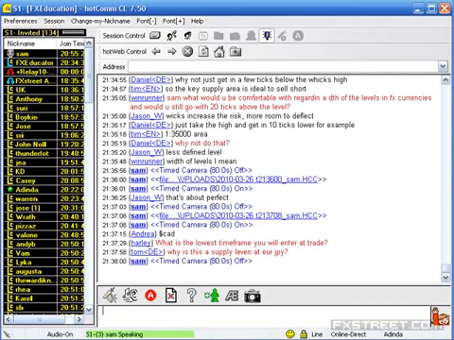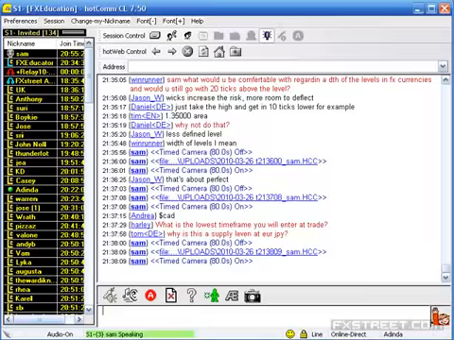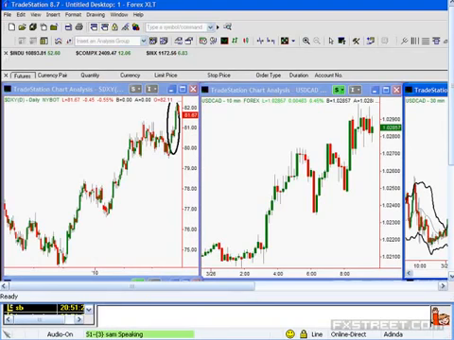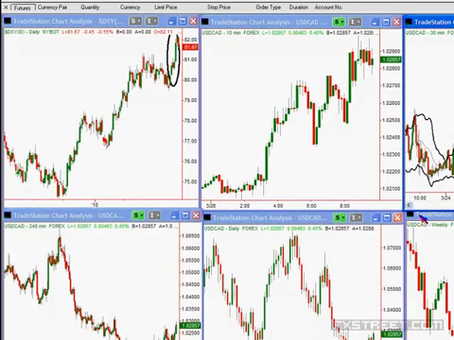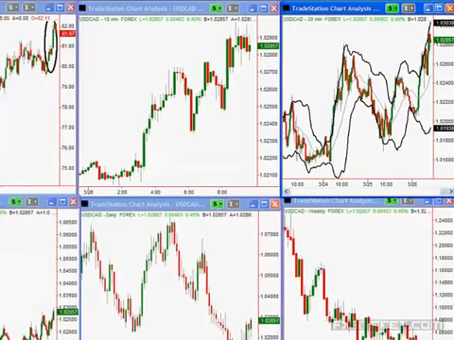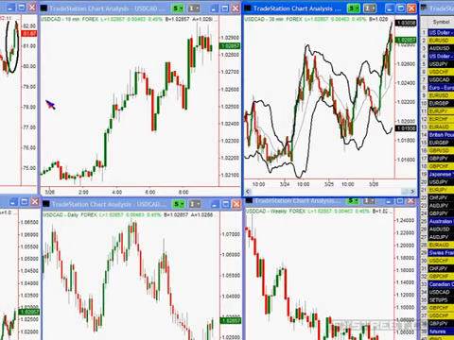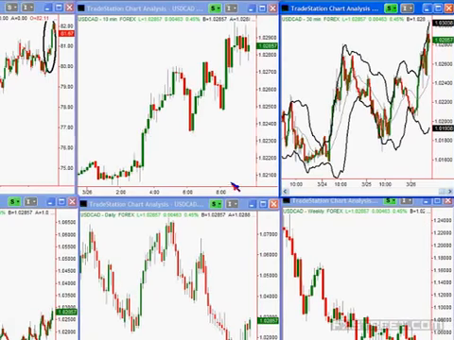Okay, here's the Canadian. I'll grab the chart for you. So as we talked about last time, we've got this big demand area that we're dealing with in the Canadian.